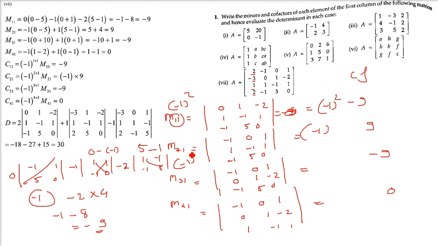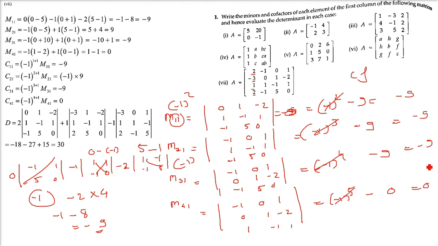So negative 1 to the power 3, negative 1 to the power 4, negative 1 to the power 5. So the second one will be negative, and fourth one. So M21 and M41 will be multiplied by negative, others remain the same. So you get negative 9, negative 9, negative 9 and 0.